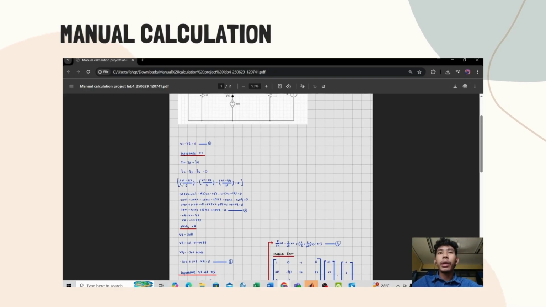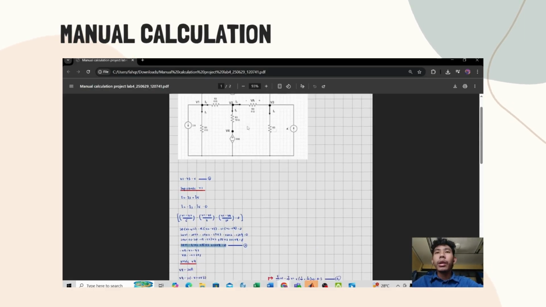We can multiply all this equation by 120, and we get 20V1 minus 20V2 minus 15V2 minus 15V3 minus 12V2 minus 12V4 equals 0. Simplifying, we get 20V1 minus 47V2 plus 15V3 plus 12V4 equals 0. That will be our second equation.